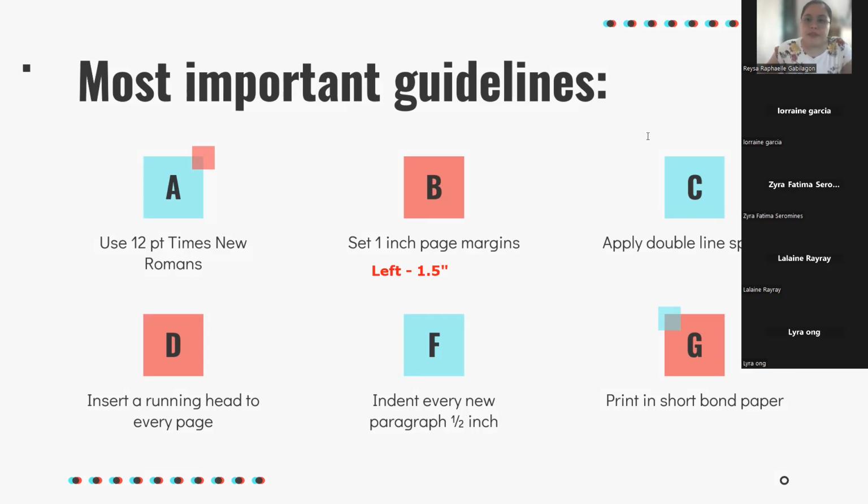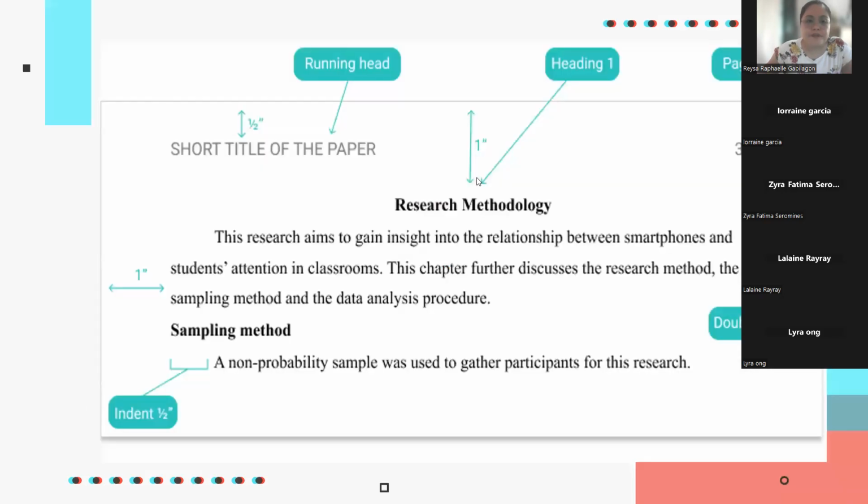For printed materials, especially the hardbound, you have to use short bond paper. Okay? So this will be the format. It's just that in our school, the running head is not located on the left side. It is beside the page number.